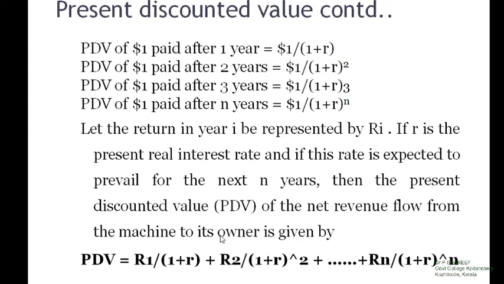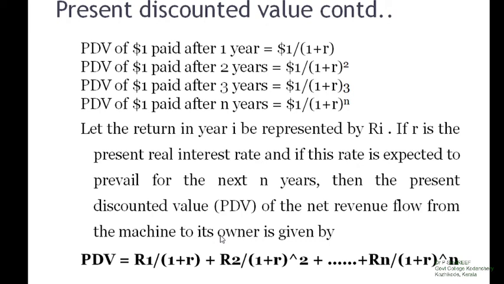Present discounted value of $1 paid after 2 years will be equal to 1 by 1 plus R square dollars. Present discounted value of $1 paid after 3 years will be equal to 1 by 1 plus R raised to 3 dollars. Present discounted value of $1 paid after n years will be equal to 1 by 1 plus R raised to n dollars.